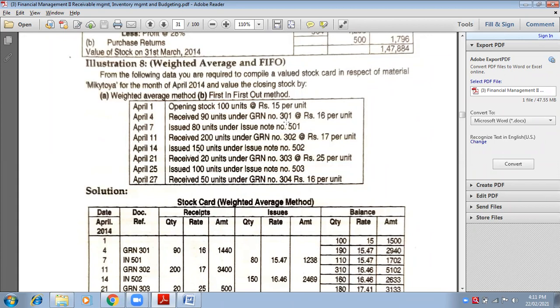Come to the balance column. First slot was 100, but out of 100, 80 was issued. So how much is left over? 20 units. 20 into 15 is 300. You can also check this 300. We had in the amount column 1,500, minus 1,200 issued, so 300 is left over.